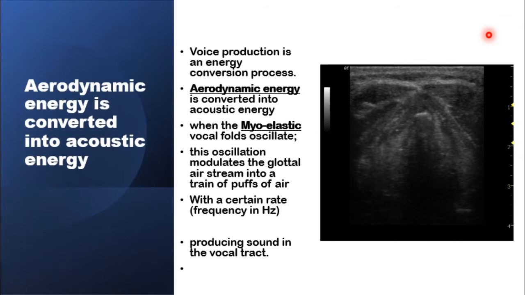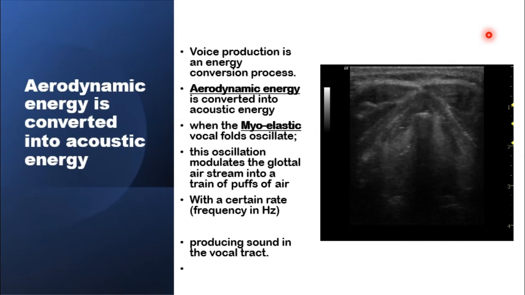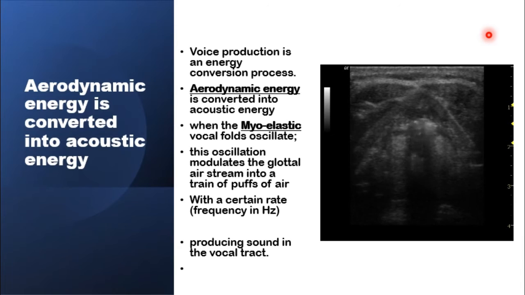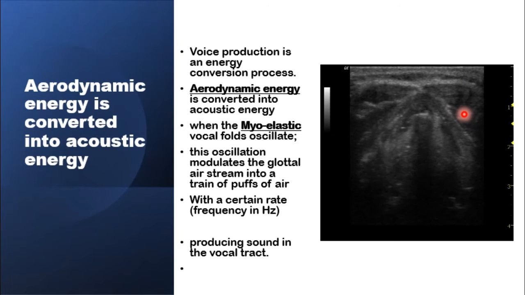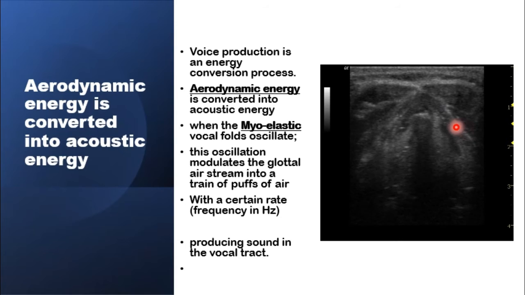Voice production is essentially an energy conversion process in which the aerodynamic energy supplied by the pressure of the air driven out of the lungs is converted at the glottic level into acoustic energy by the myoelasticity of the vocal fold tissues.